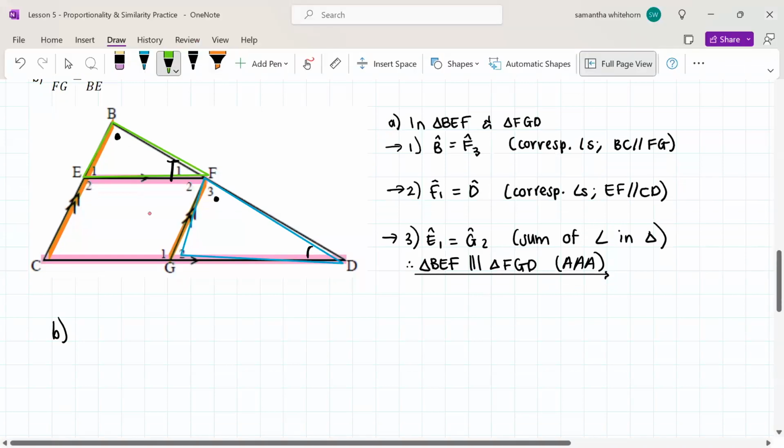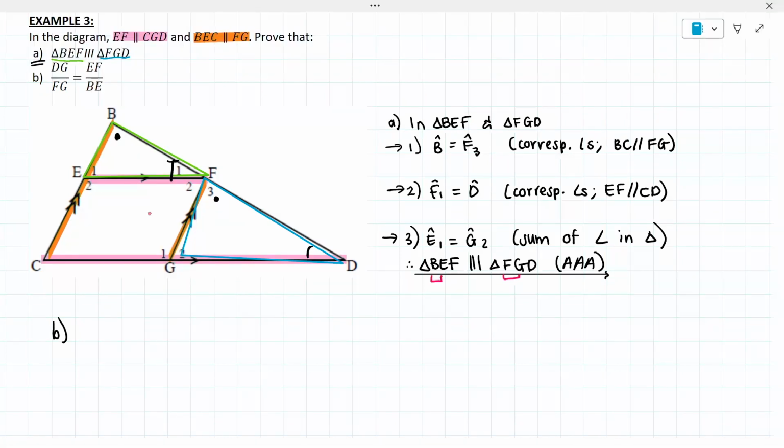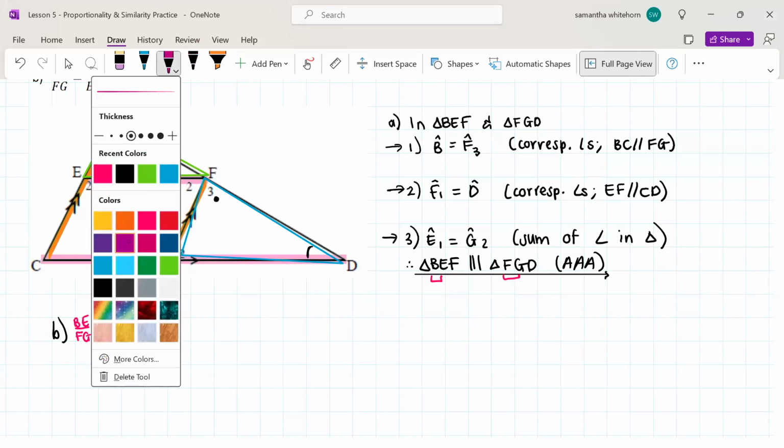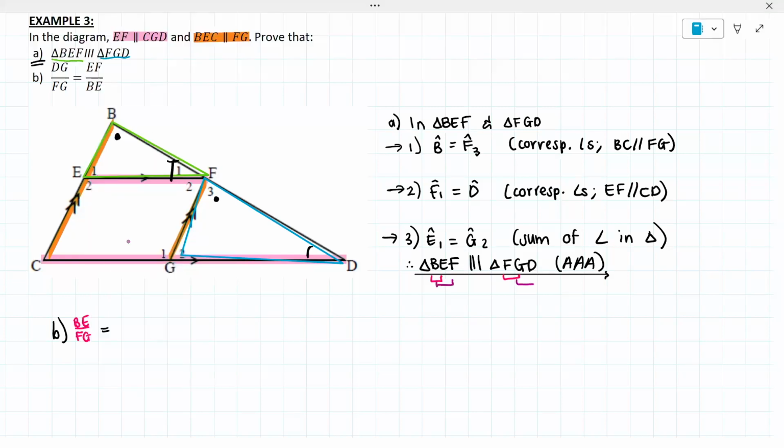So BE corresponds to FG. So we set up our ratio. BE corresponds to FG, which is equal to, now we move to the next two letters, EF, which corresponds to GD.